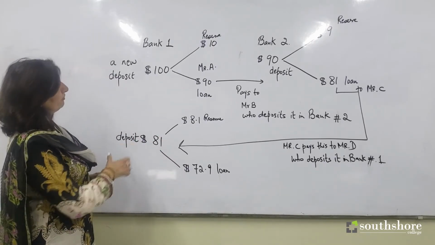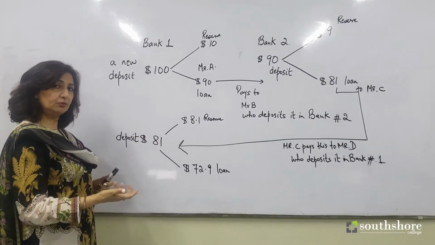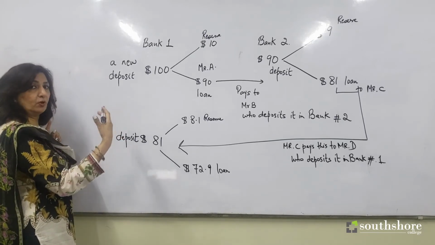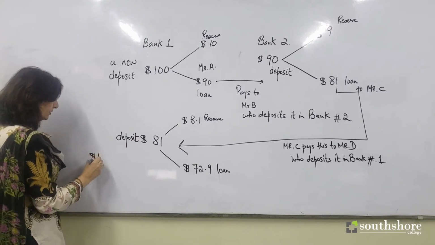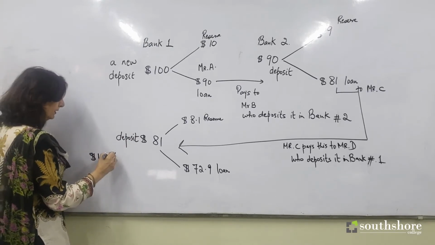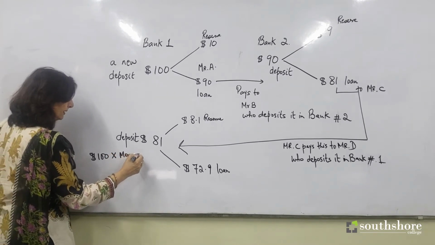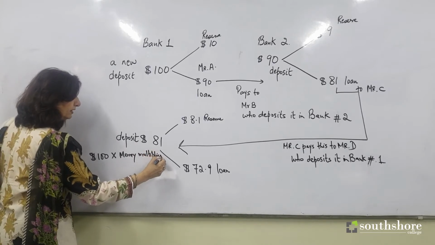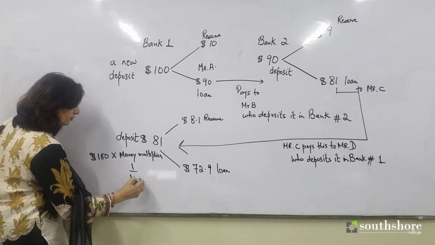So students, if we keep on doing these calculations, we will come to a conclusion where we will find that the total amount of deposits that will be created, and we did that in the slide, will be this $100 multiplied by the money multiplier. It is also called the credit multiplier, okay? And we said that the value of the money multiplier is given as 1 upon the liquidity ratio.